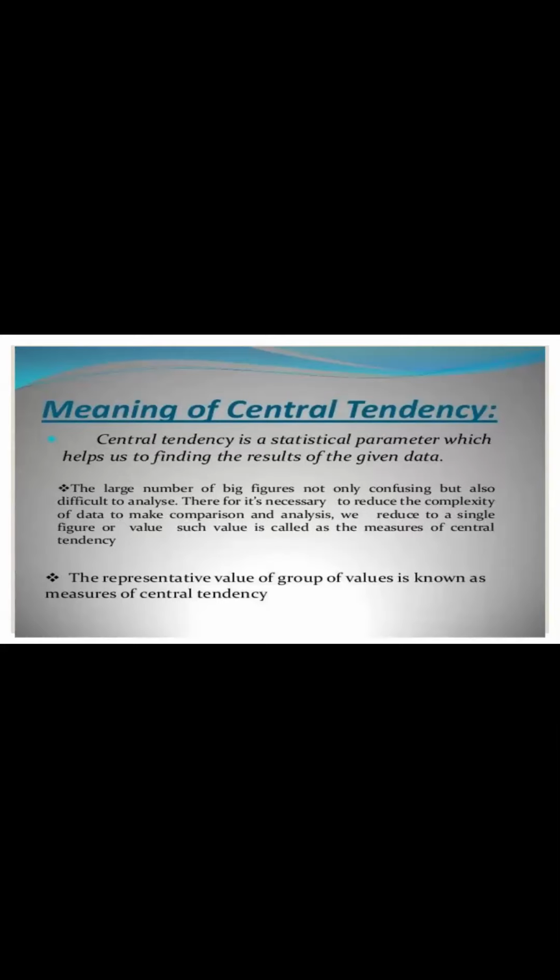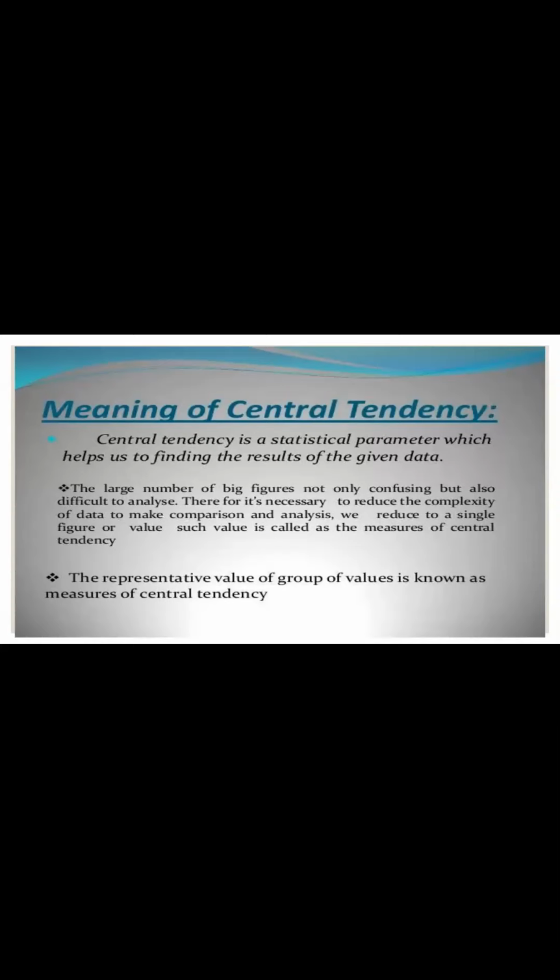We add 9, 8, 10 and divide by how many numbers there are. There are 3 numbers, so divide by 3. The value we get is the average, and that average is the result of a bunch of data.